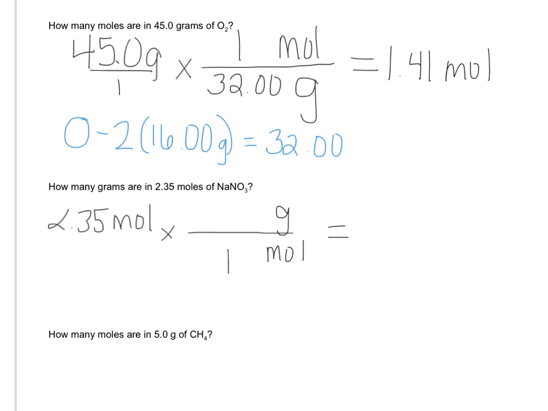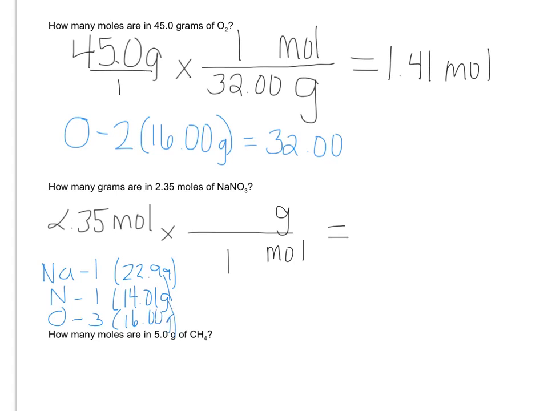And to find the gram formula mass of sodium nitrate, we're going to list all the elements. There's 3 of them. There's 1 sodium, 1 nitrogen, and 3 oxygens. The mass of sodium rounded to the hundredths place is 22.99. Nitrogen is 14.01, and then oxygen is 16.00.